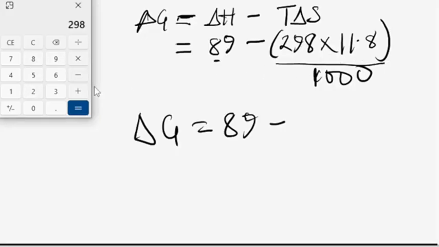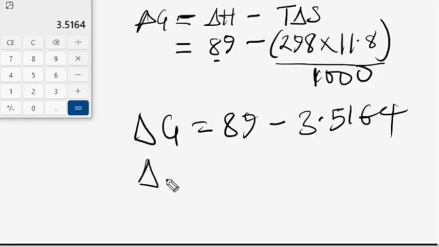All right, let's see what we have here. 3516.4. If you divide this by 1000, you're going to have 3.5164. Let's confirm this is divided by 1000.